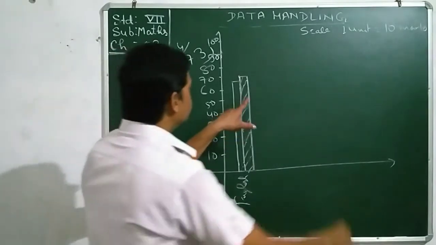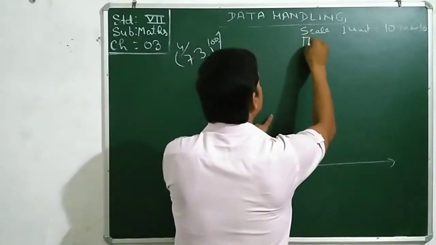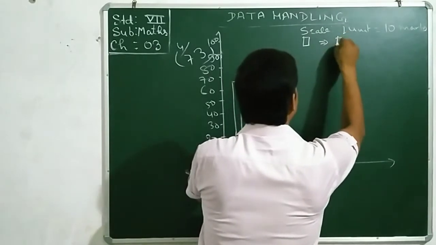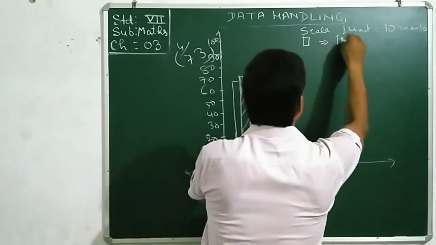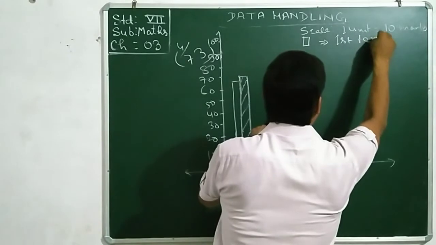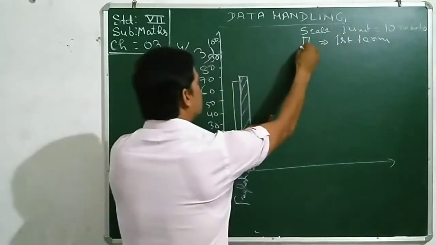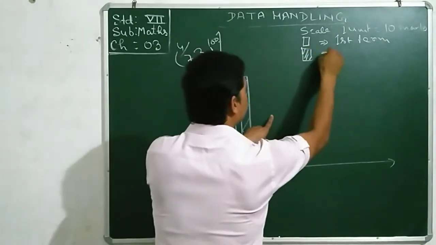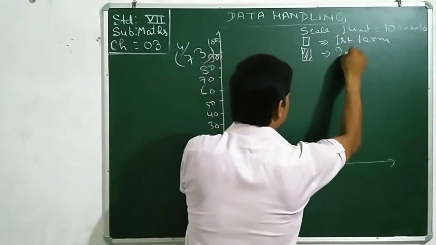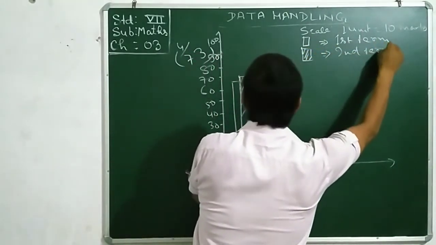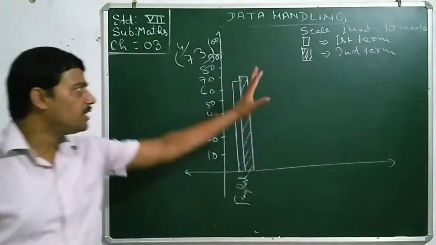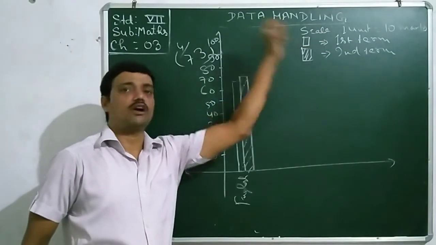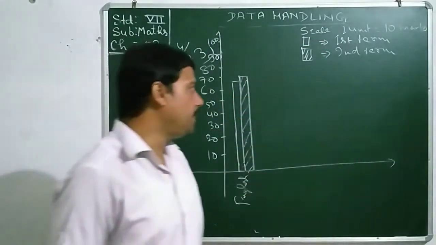And another thing, this plain bar is for the first term and this symbol will represent the second term. This information must be supplied at the top right corner of the graph paper.